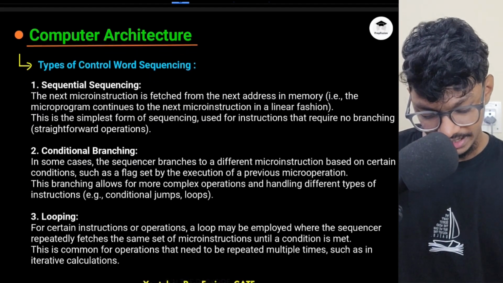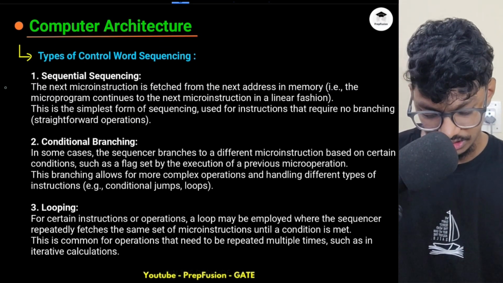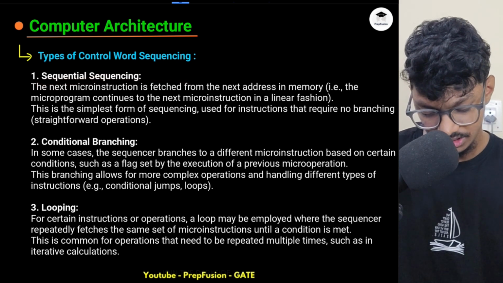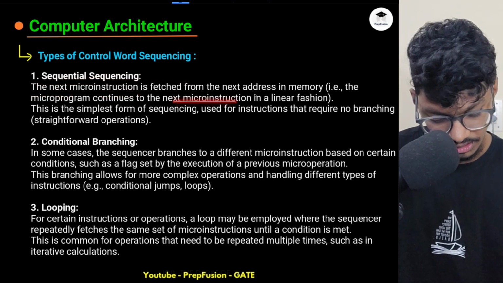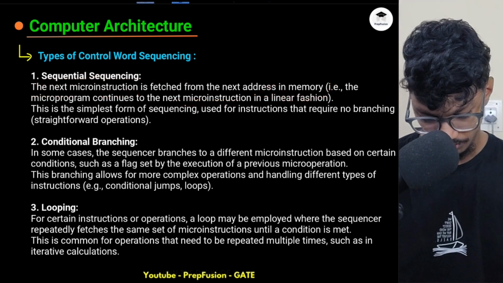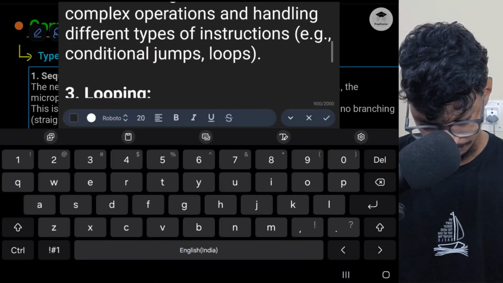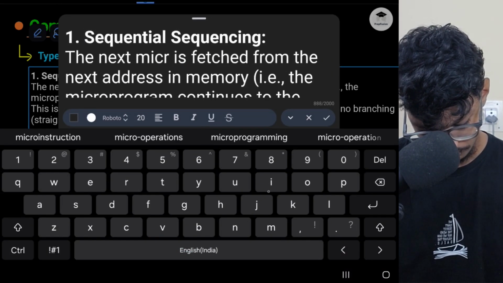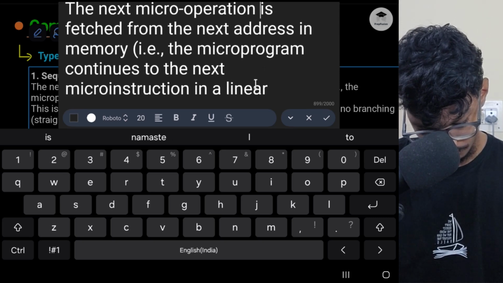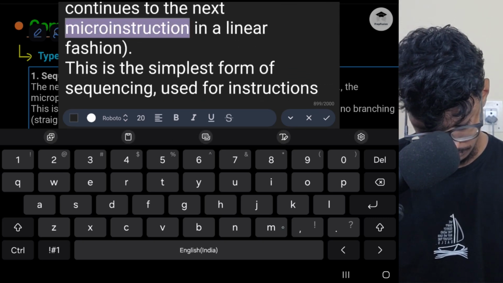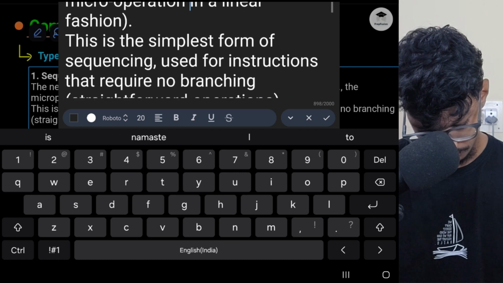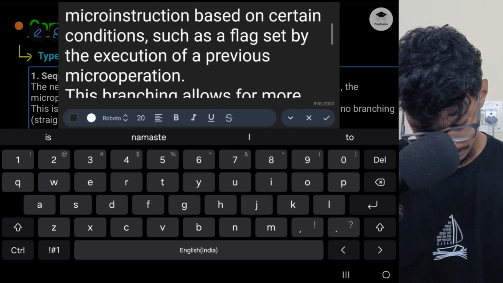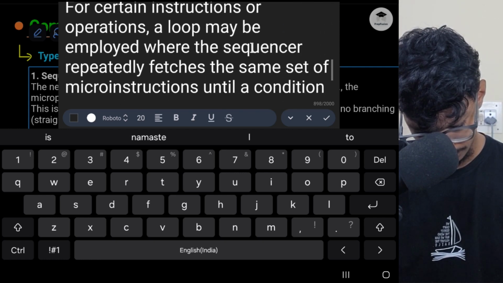So there can be many types of sequencing. One is sequential sequencing. This means the next micro operation is fetched from the next address in the memory.